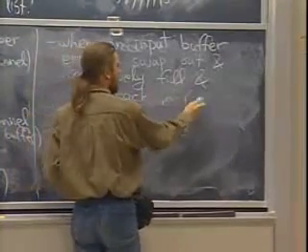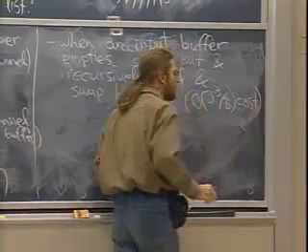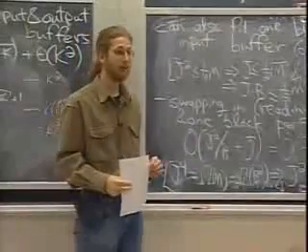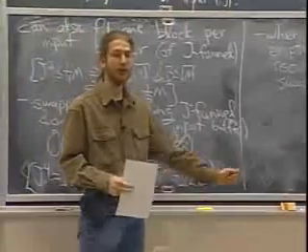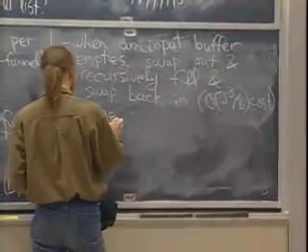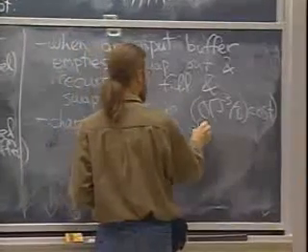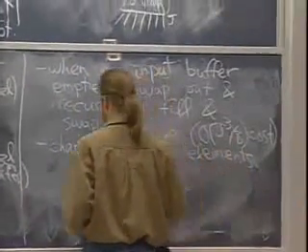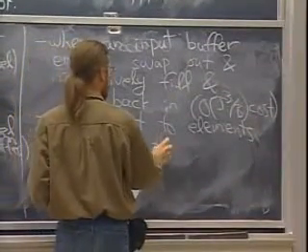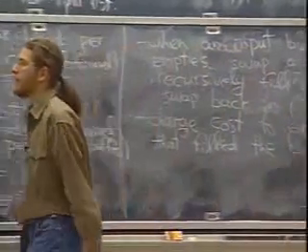And the swapping back in costs j cubed over b. I'm going to charge that cost to the elements that just got filled. So this is an amortized charging argument. How many are there?